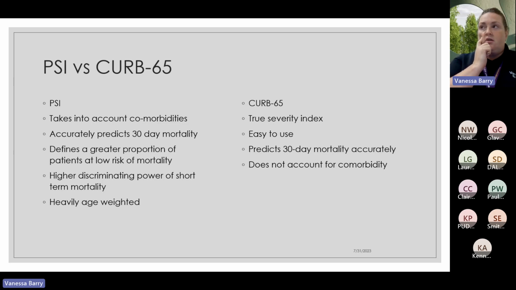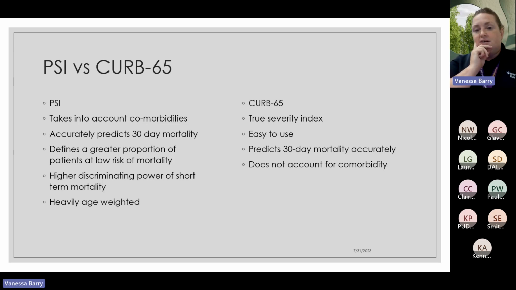So that might be more appropriate for those that we're trying to discharge and turn around in A&E with virtual wards, for example. And it has a higher discriminating power for short-term mortality, so that might indicate escalation and further examination required sooner. But that is heavily weighted by age. So if you've got a very healthy 85-year-old, that might predict their mortality slightly higher than you'd expect based on the comorbidities.